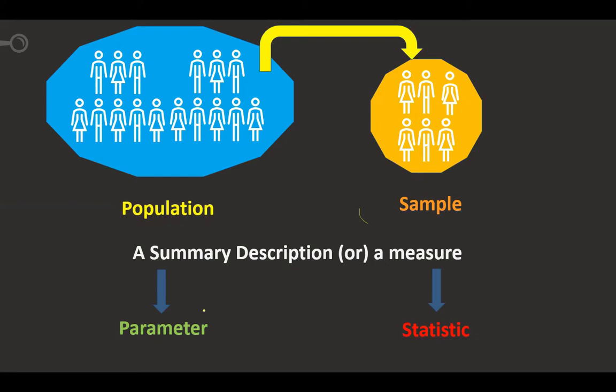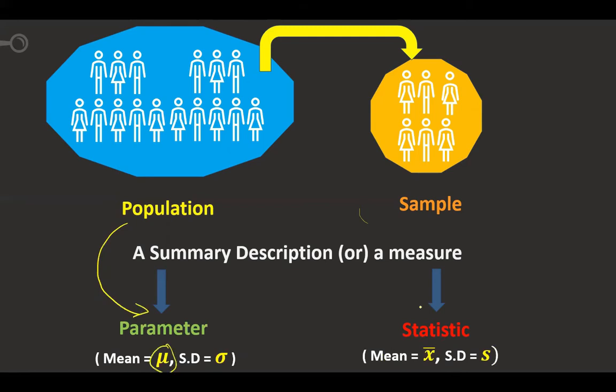We'll go through a common example. Take the mean. When the mean is taken from the population, it is called the parameter, denoted by mu. When the same mean is taken from the sample, it is called X bar, and it is called the statistic. Here we are calculating the mean in the population, and here we are calculating the mean for the sample, but when it is denoted by mu, it is a parameter.